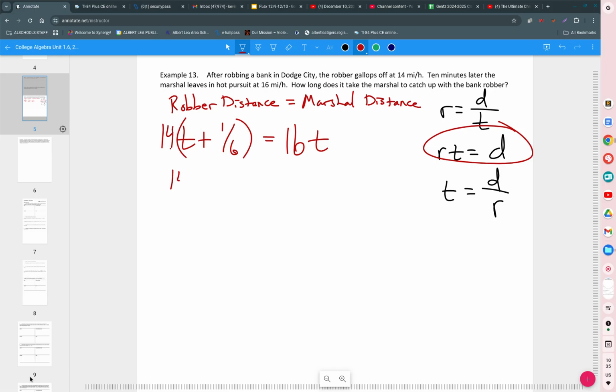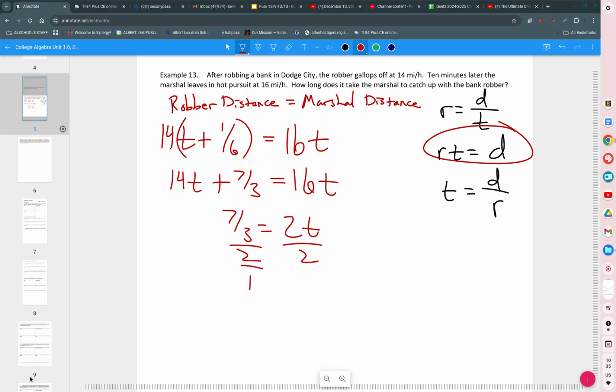14 times t is 14t. 14 times 1/6 will be 7/3. Is equal to 16t. I subtract 14t, I get 7/3 is equal to 2t. I divide by 2.